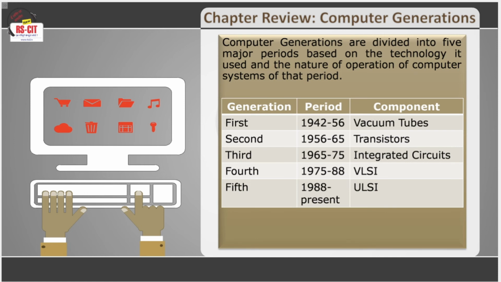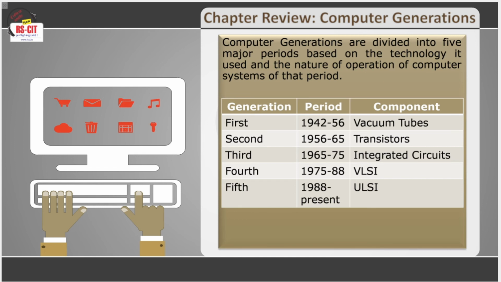Component: transistors. Third generation. Period 1965 to 75. Component: integrated circuits. Fourth generation. Period 1975 to 88. Component: VLSI. Fifth generation. Period 1988 to present. Component: ULSI.